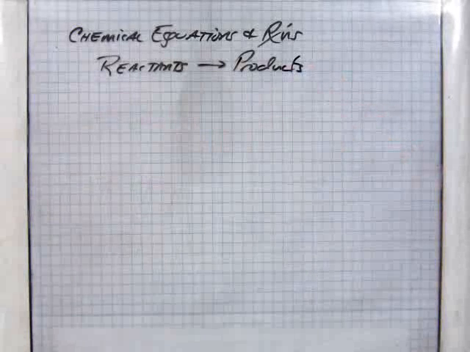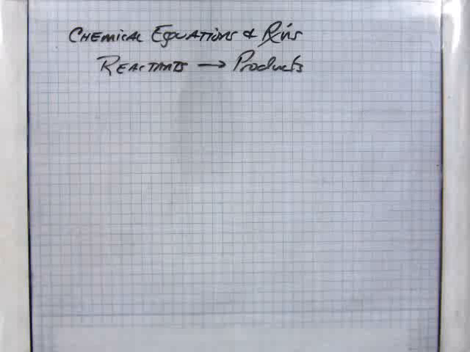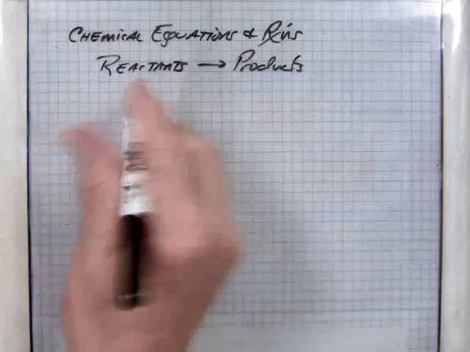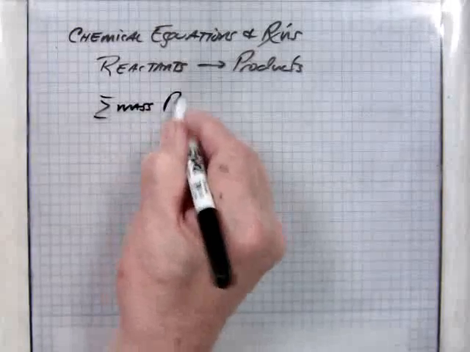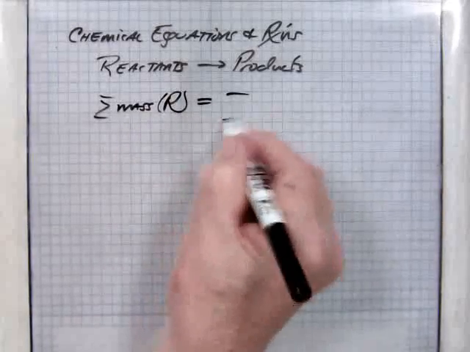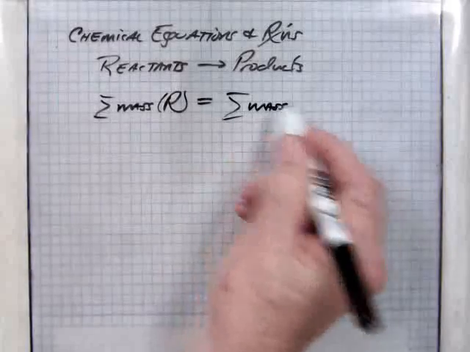And as with all natural events in the universe, it has a balance of mass and charge and energy and so forth, which means that the sum of the mass of the reactants equals the sum of the mass of the products.